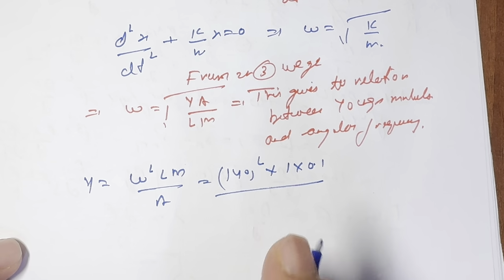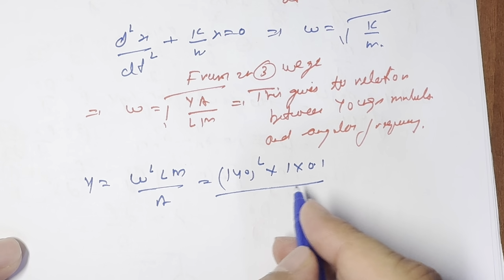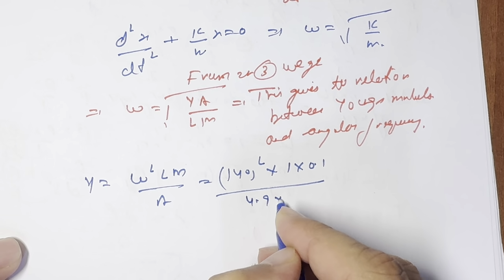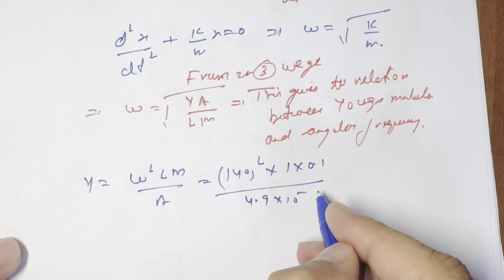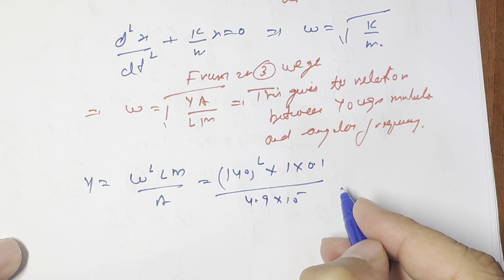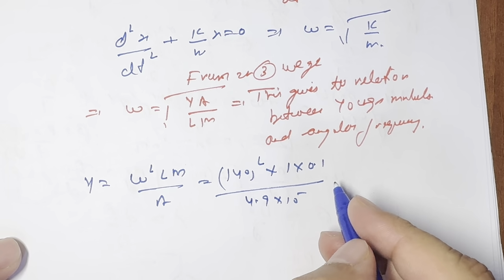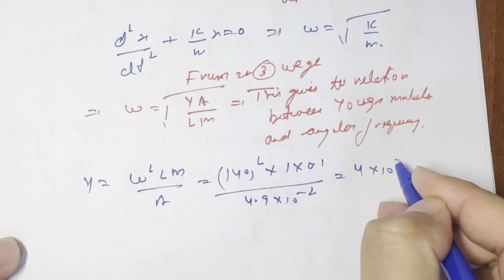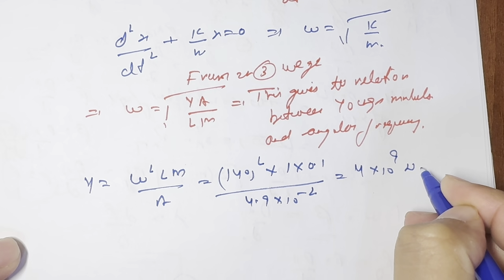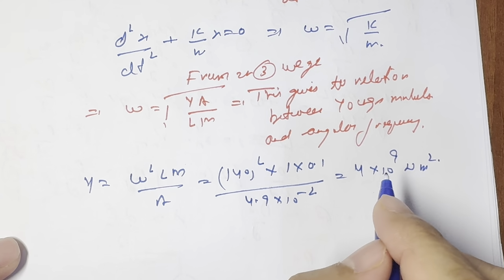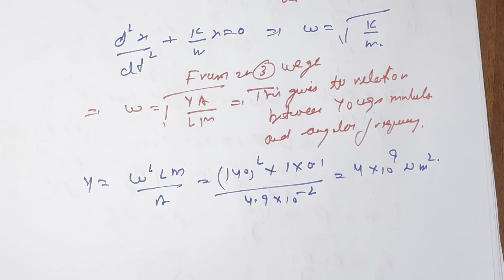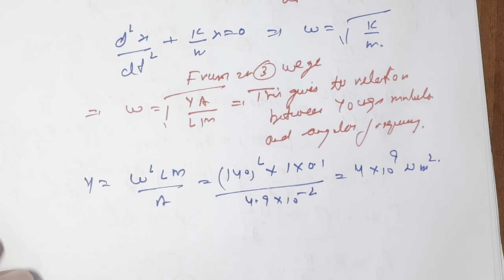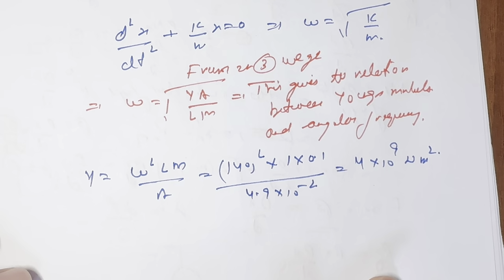And area of cross section is given as 4.9 into 10 raised to power minus 2. So this gives us 4 into 10 raised to power 9 Newton per meter square. I think it looks correct.